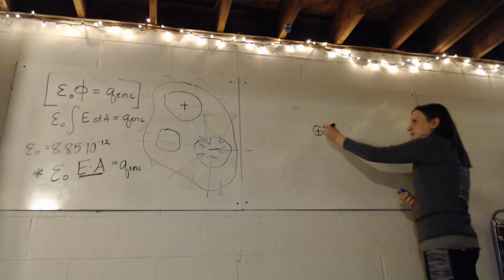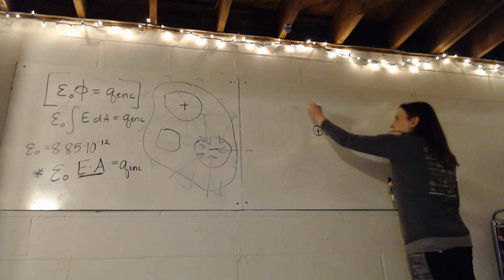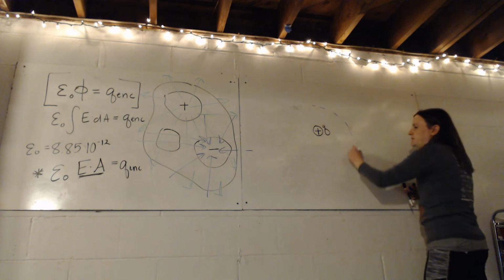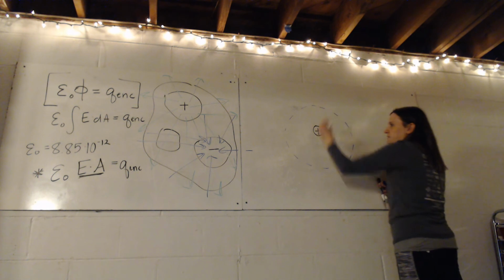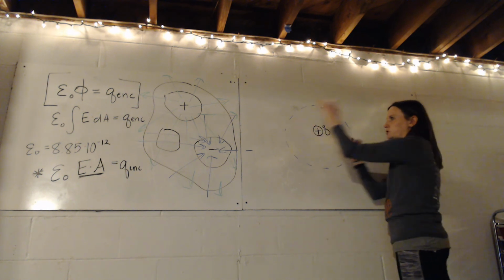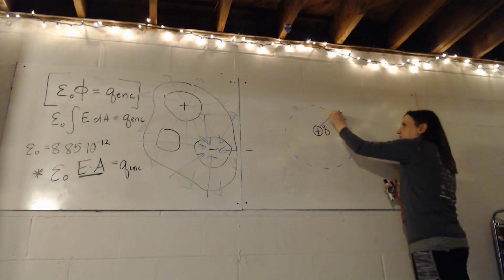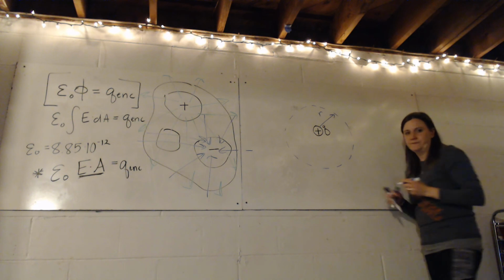So if this is a single point charge, I'm going to enclose it with a Gaussian surface. It would actually be a spherical shell. When I say circle, this charge is a 3-dimensional thing. So this would be a 3-dimensional shell that I enclose the charge with, and I'm going to give it some hypothetical radius r, right?